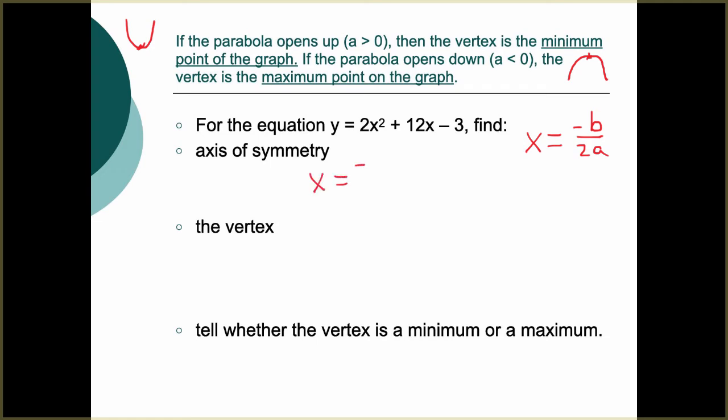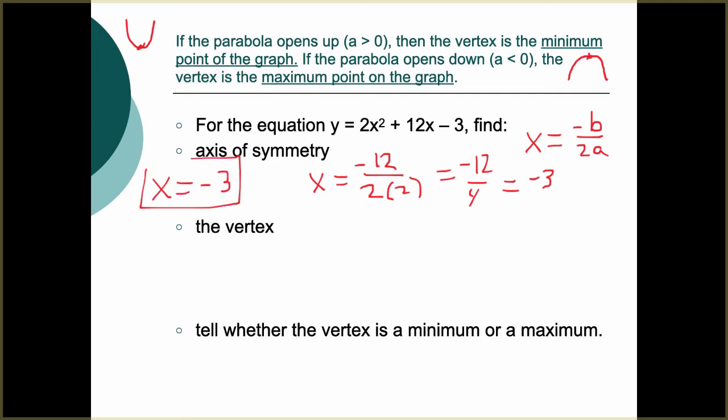We want the opposite of that, so negative 12. And we have 2 times our a value of 2. And this gives us negative 12 over 4, which is negative 3. So our axis of symmetry is x equals negative 3. That's our first part. This is my AOS.